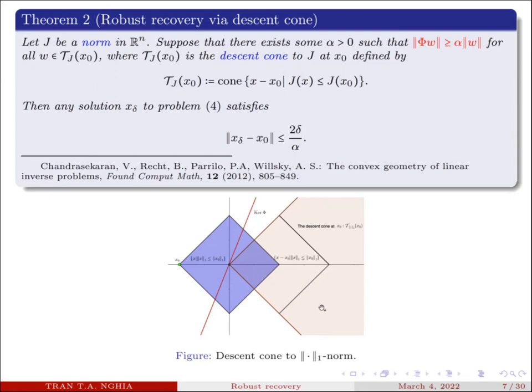Now we try to understand what the red condition means. It just means that the intersection between the kernel of phi and the descent cone is equal to 0. Just for the case of the L1 norm, you can see this is the kernel, and this one is the descent cone. The intersection between them is trivial, and that is true.